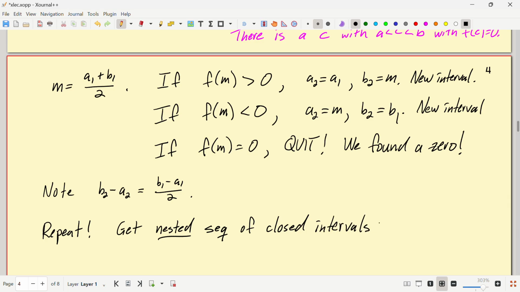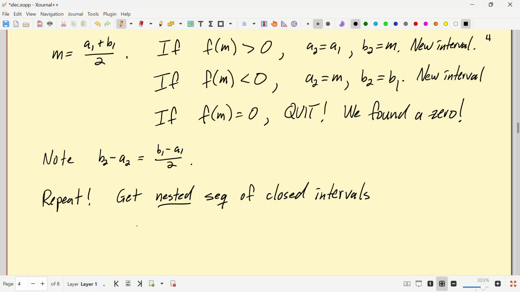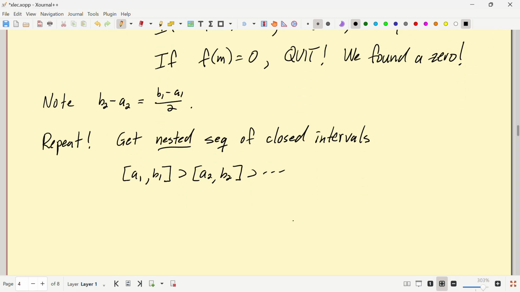A1, B1 would contain my A2, B2, would contain, etc. And the length of those, Bn minus An, would be 1 over 2 to the n minus 1 times B1 minus A1.